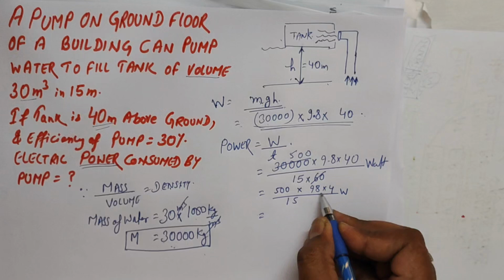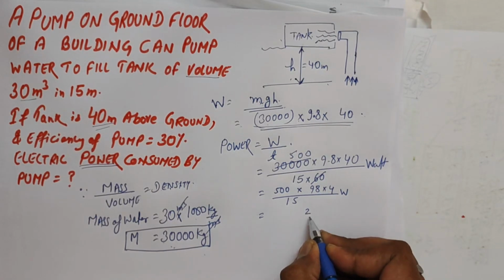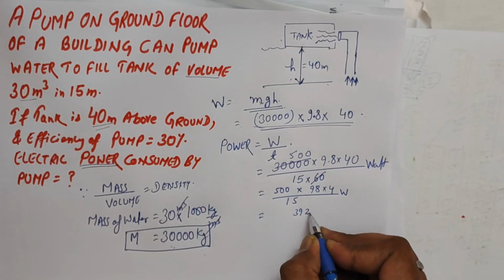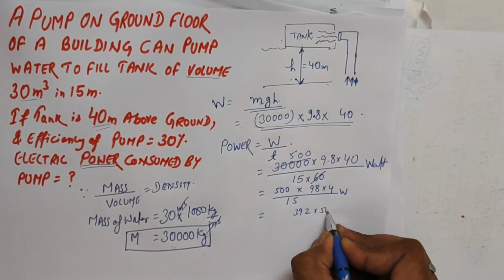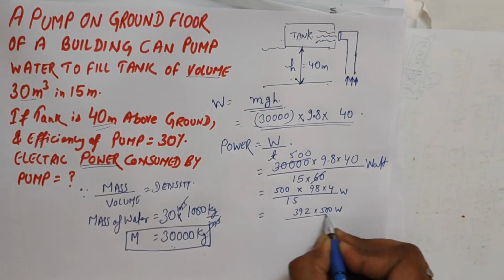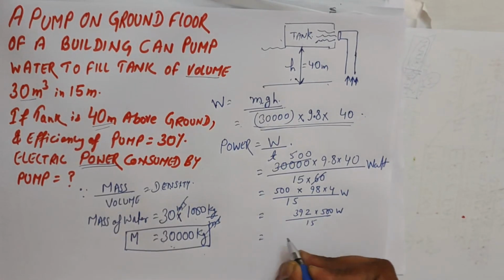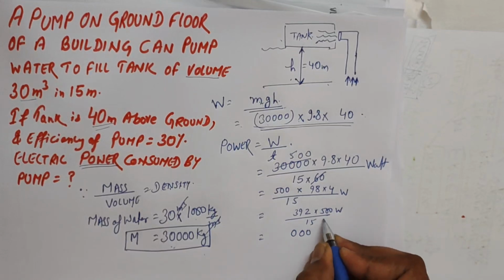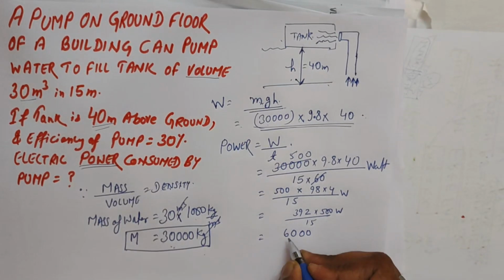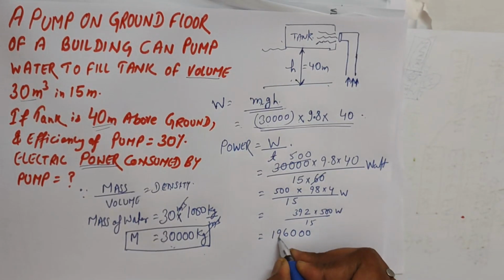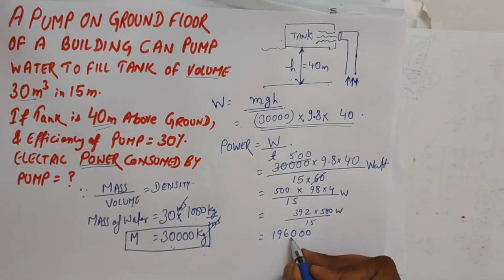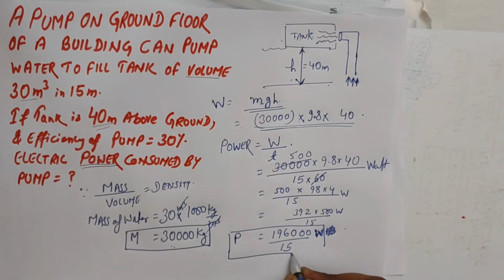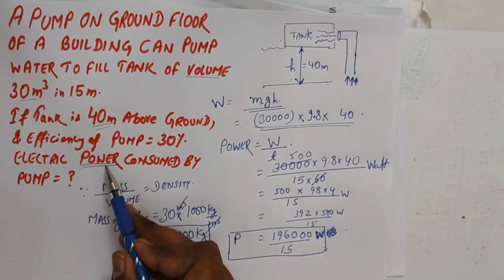This will give you 392 into 500 by 15, so this will give you 196,000 divided by 15. This much watt will be required.